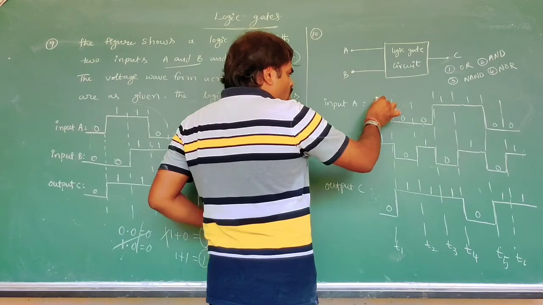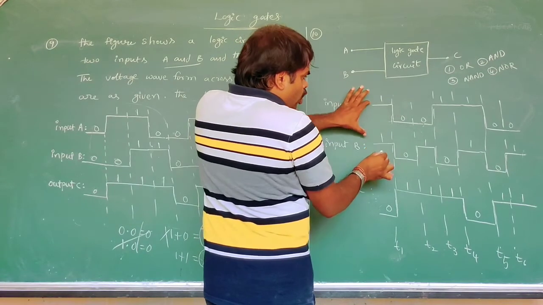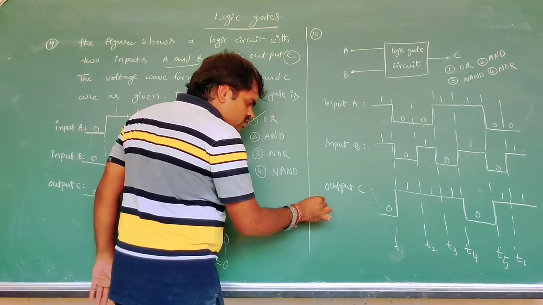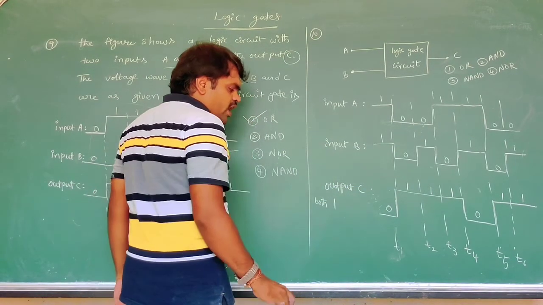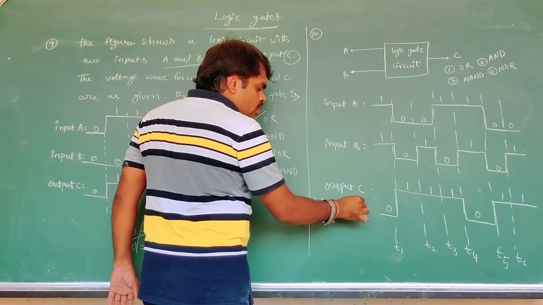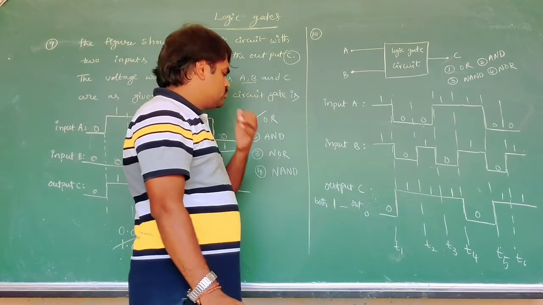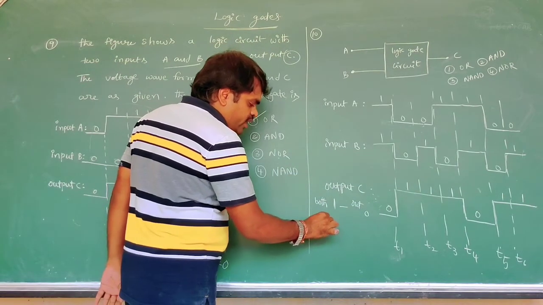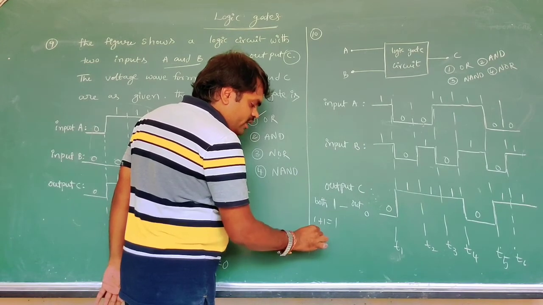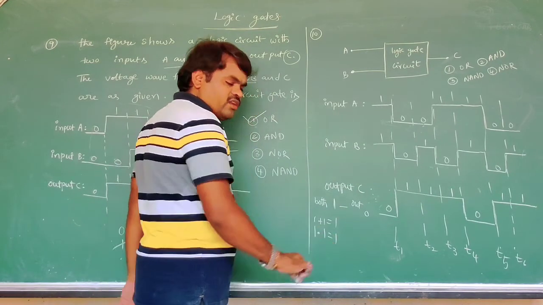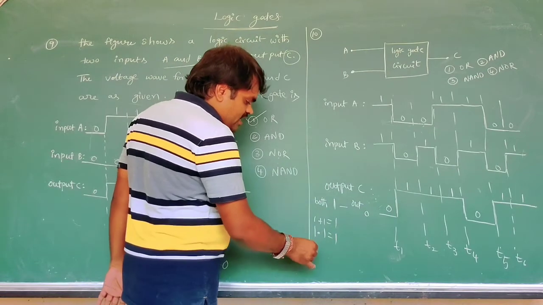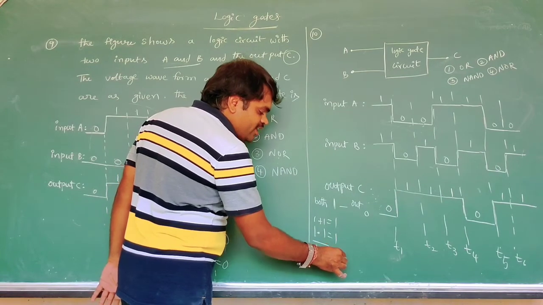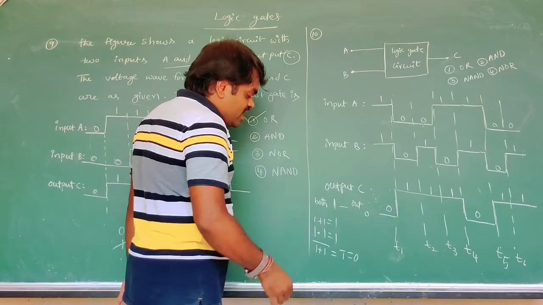Now clearly observe this gate. Here the inputs are 1, 1. Both inputs are high and the output is low, 0. Now, which type? In an OR gate, 1 plus 1 is 1. In an AND gate, 1.1 is 1. But for a NOR gate, (1 plus 1) bar is 1 bar, which is 0.